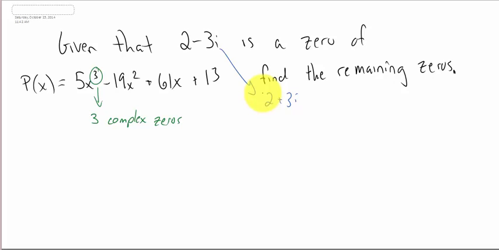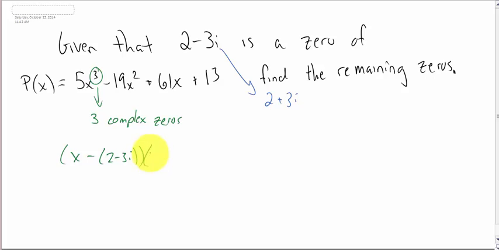So what do we do? Well, remember if 2 is a 0, x minus 2 has to be a factor? Well, if 2 minus 3i is a 0, x minus 2 minus 3i has to be a factor.